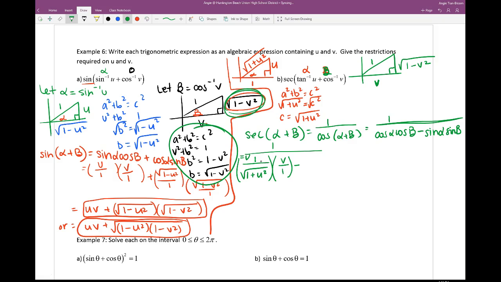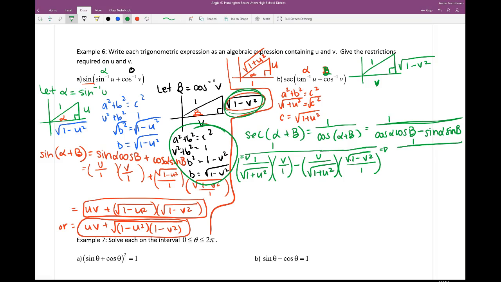Beautiful. Minus sine of alpha, back to the red triangle. Sine is u over hypotenuse, and there goes that ugly hypotenuse again. Extend this line. Sine of beta, it's radical 1 minus v squared all over 1. So let's multiply this out. It doesn't look cute, but what choices do I have, right?